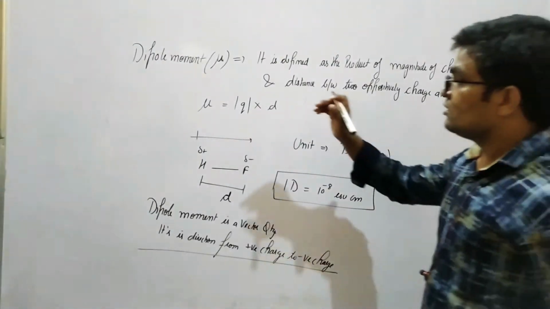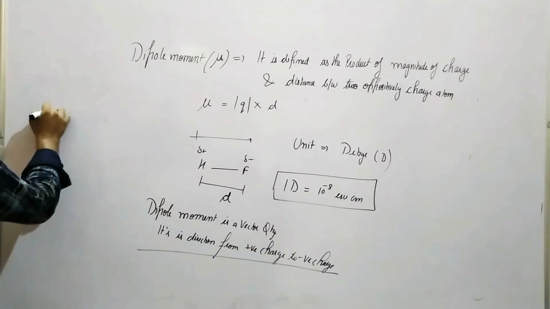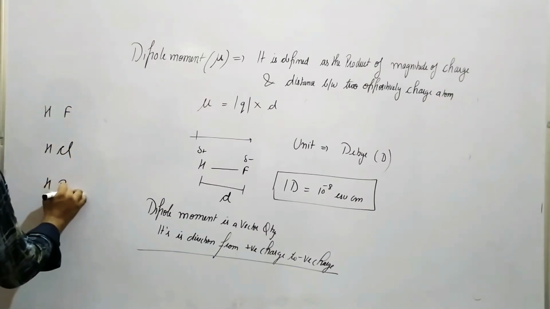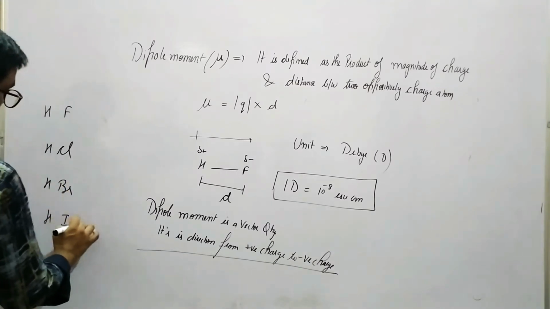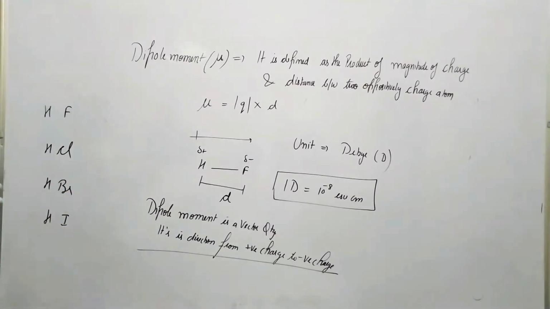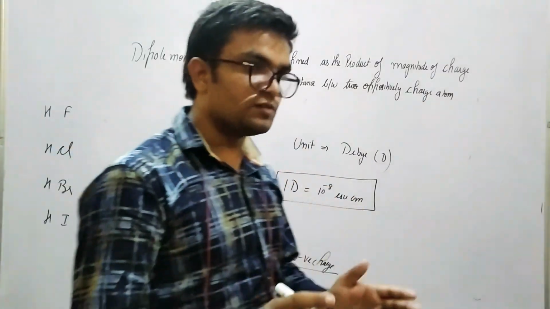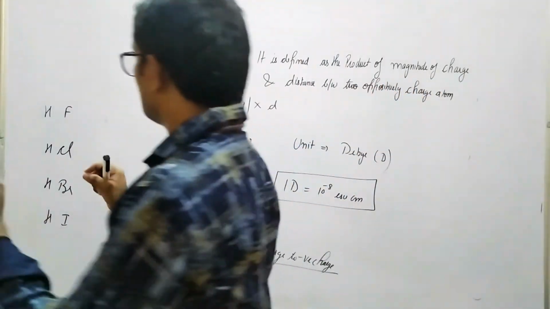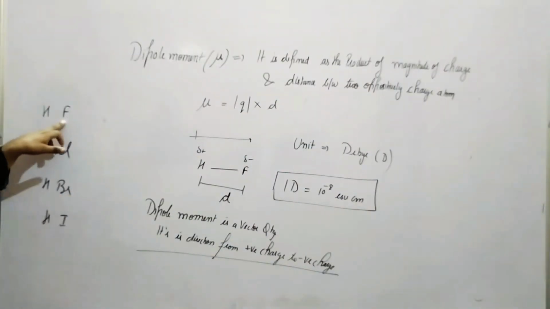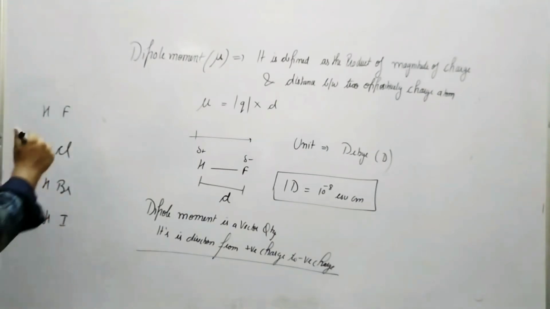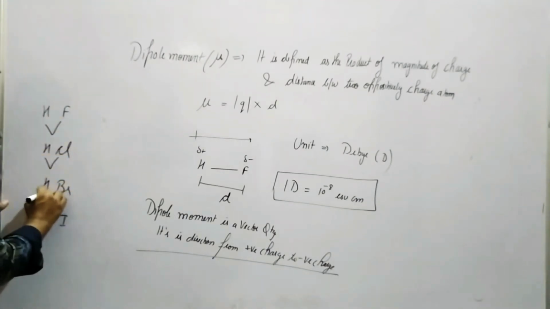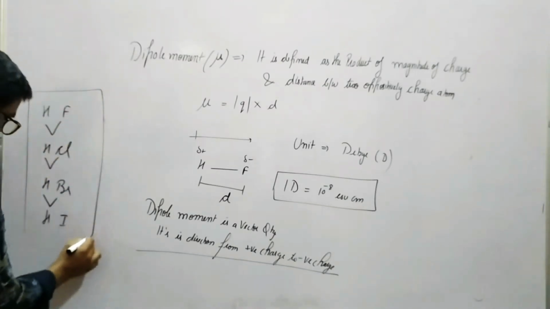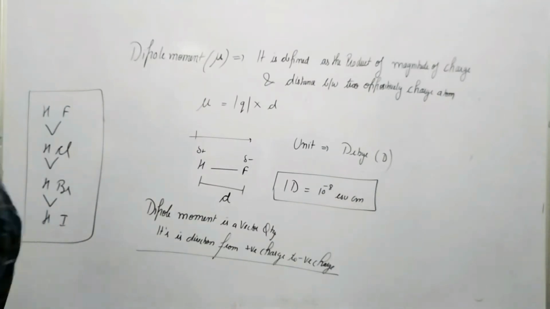If someone asks for the order of dipole moment in HF, HCl, HBr and HI, remember that the greater the electronegativity difference between the two oppositely charged atoms, the more will be the dipole moment. Since fluorine is the most electronegative atom, then chlorine, then bromine, then iodine, the dipole moment is highest in HF, then HCl, then HBr and HI. We do not have to remember the values of dipole moment.